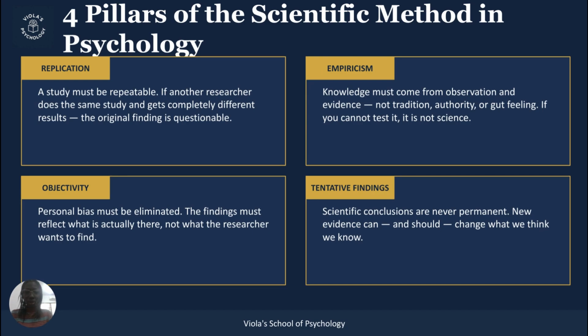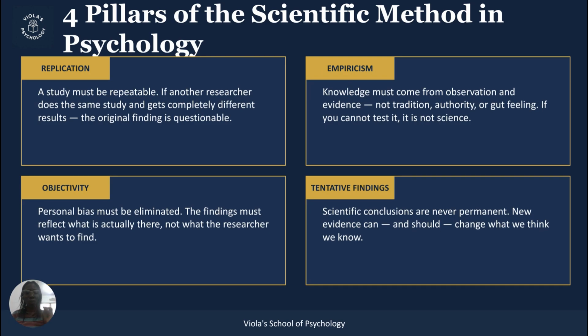You can apply this to any kind of knowledge you are consuming, every kind of truth you want to believe, every kind of truth you'd like to buy. You can use these 4 pillars to sift things till they become the real thing, the truth. All right, so this takes us to pillar 4, which is tentative findings.